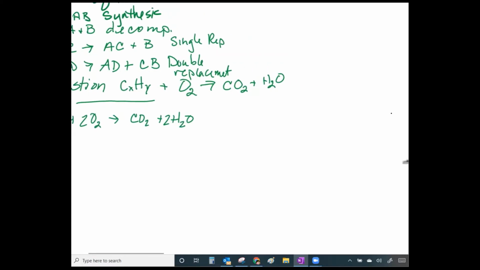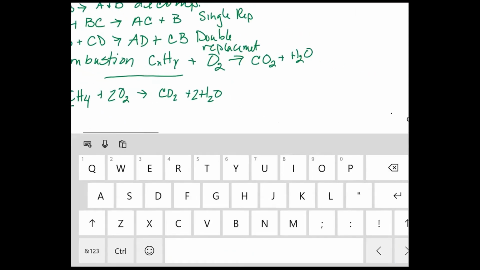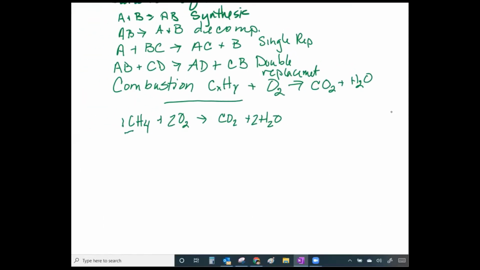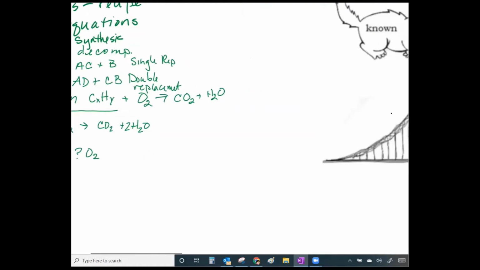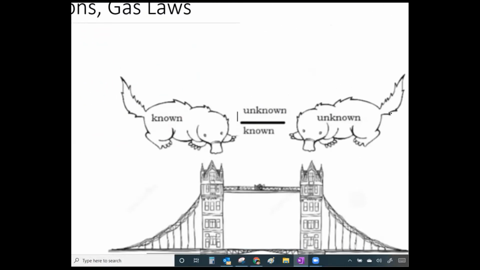So if I give you this problem, I have 10 moles of methane. How much oxygen will I need? My known is methane, and I have 10 moles. How many moles of oxygen will you need?